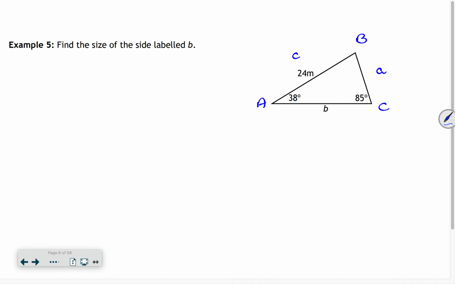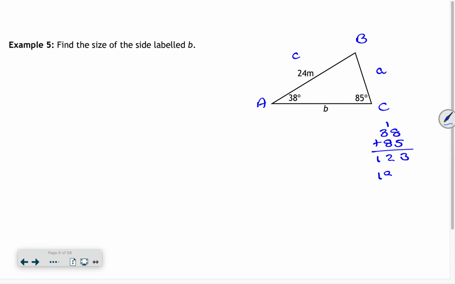Now it's always important to note that if you can find out things in the triangle, go ahead and do it. So I've got an angle missing here. I'm missing out the angle which is at B. So let's go ahead and work it out. So it's going to be 38 plus 85. So that's going to give me 123.